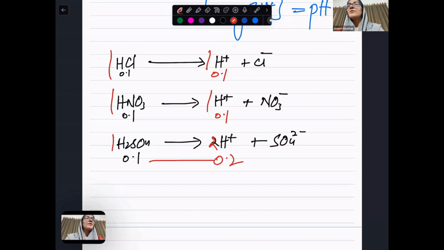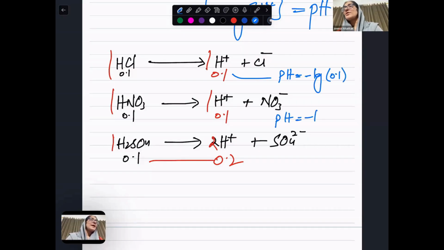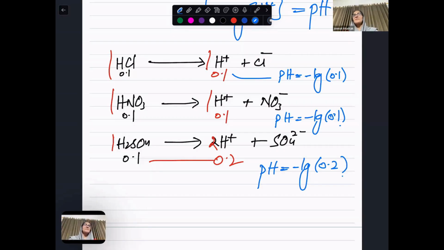If I take the negative log of 0.1, the pH is 1, and the same for the second. But for the third, it is negative log of 0.2. Here the pH is 1, here the pH is 1, but here the pH is 0.67 if I'm not wrong.